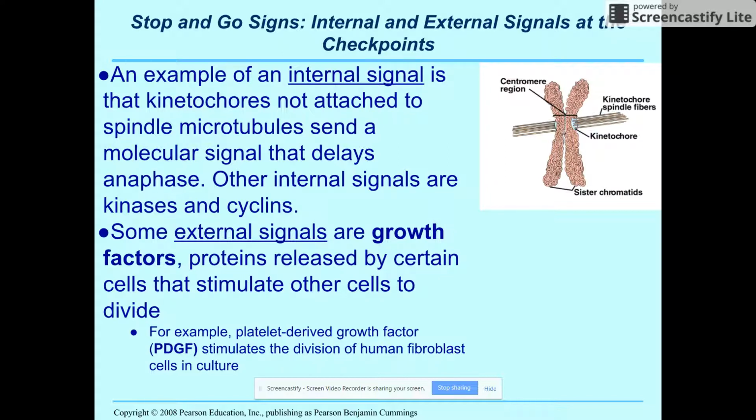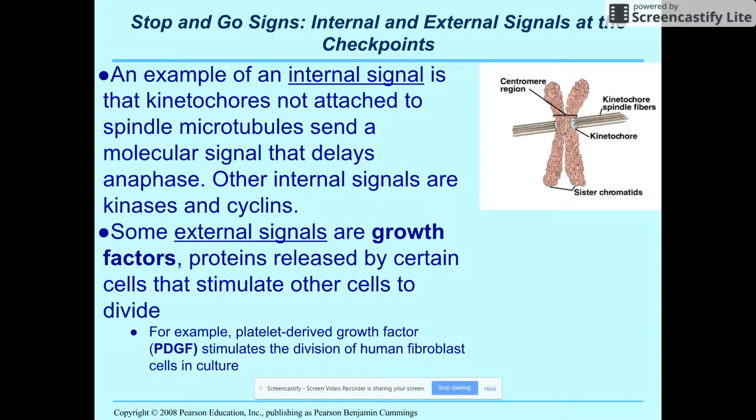For example, even though we have multiple chromosomes going through mitosis, if there's one chromosome that fails to connect spindle fibers to the kinetochore, the cell will actually delay anaphase rather than go through cell division missing a chromosome or having too many chromosomes. So this is an example of an internal signal that makes sure cell division doesn't happen unless the cell is perfectly ready to divide.